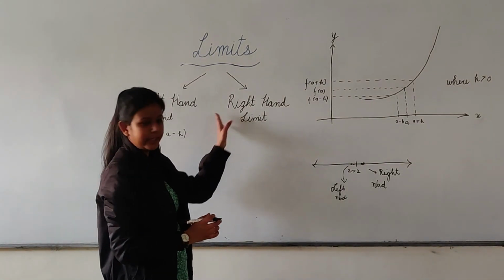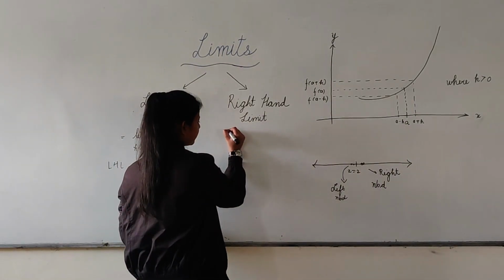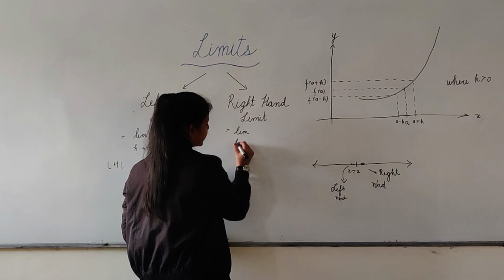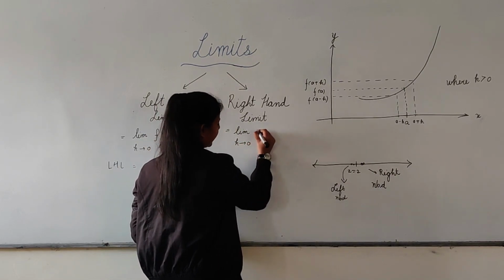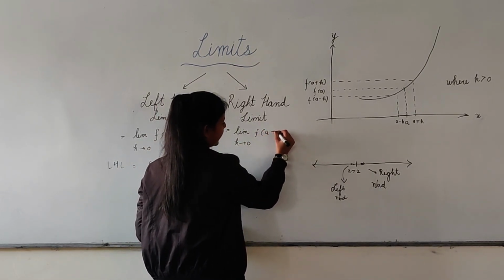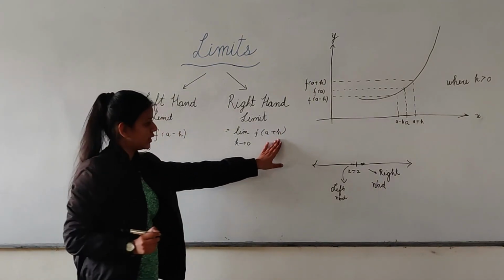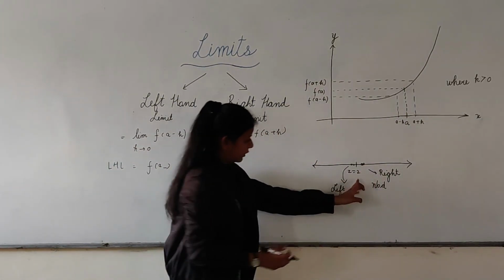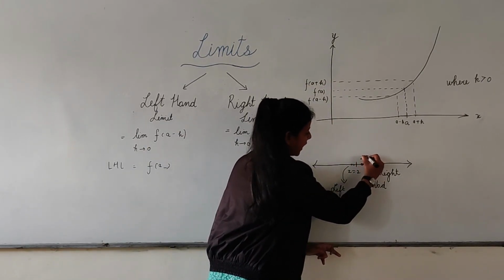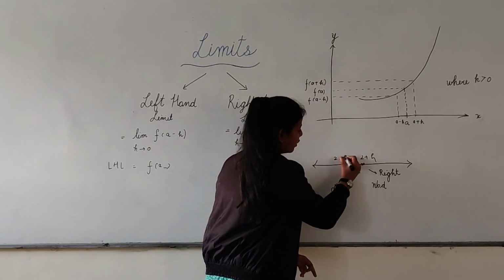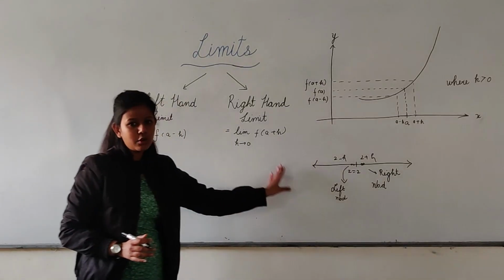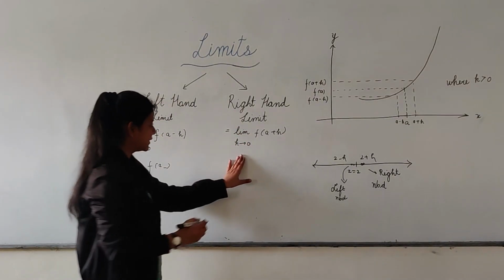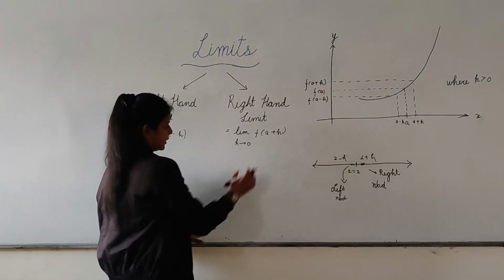In the right hand limit we have limit h approaches to 0, f of a plus h, where the limit is approached from the right hand side. We can write here 2 plus h and 2 minus h. So by calculating the value, we write f of a plus h.